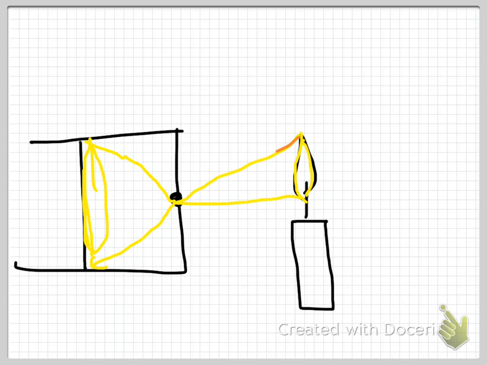There's my ray, sorry, in the first one I forgot to put my arrows. So it could actually show that the light was right side up, if the light was able to bend. But in this case, we know rectilinear propagation says that light has to travel in straight lines and it cannot bend.